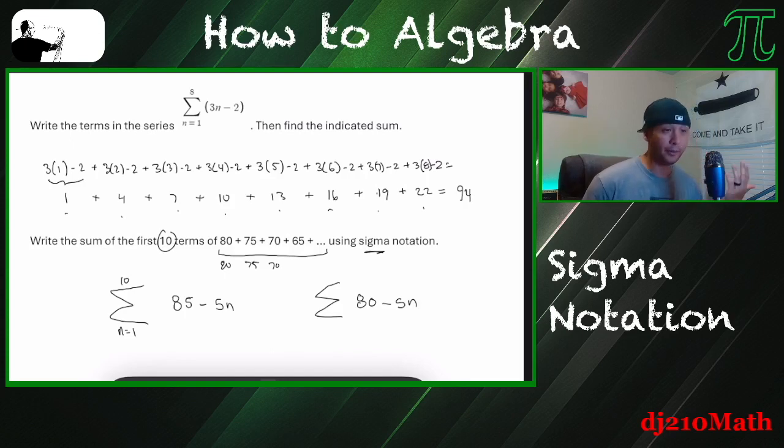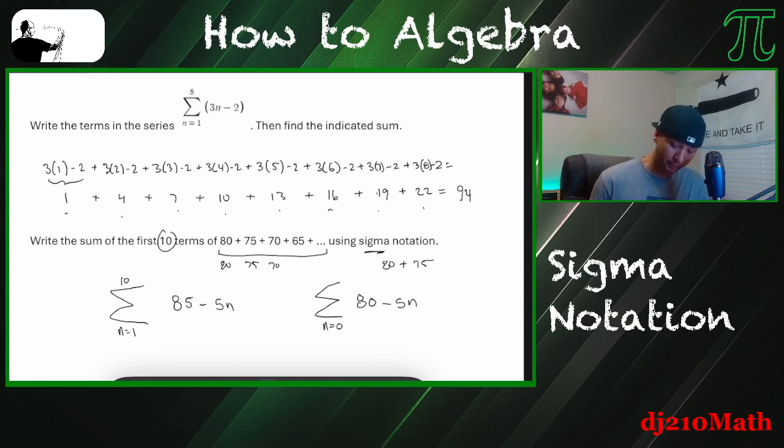All right. Another way of doing this, can you think of how we could do it? Hopefully you see it by now. If we let n equals 0, then the first term would be 80. At n equals 1, the second term would be 80 minus 5, which would be 75.